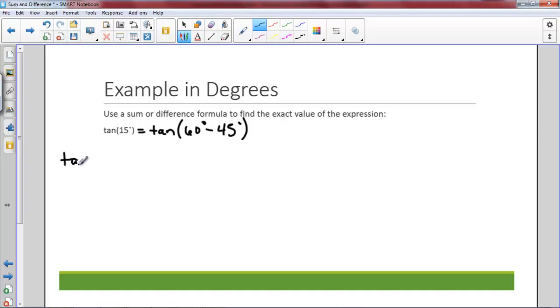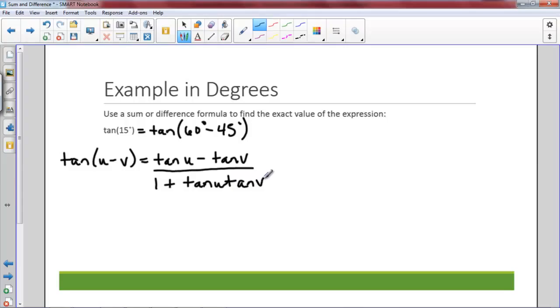So my sum and difference formula tells me tan u minus v, we have minus in this case, equals tan u minus tan v all over 1 plus tan u tan v.